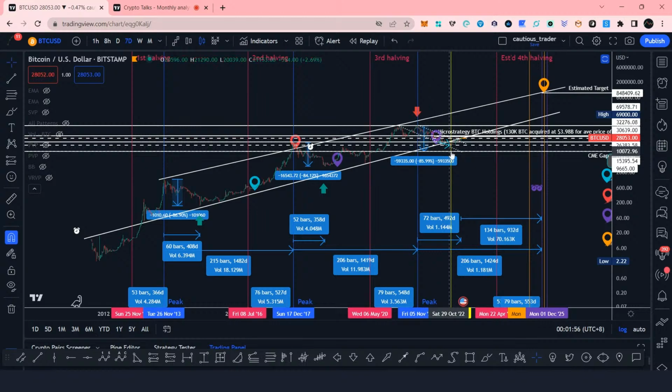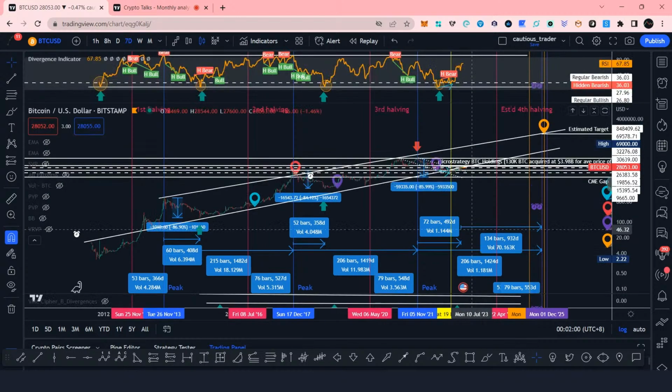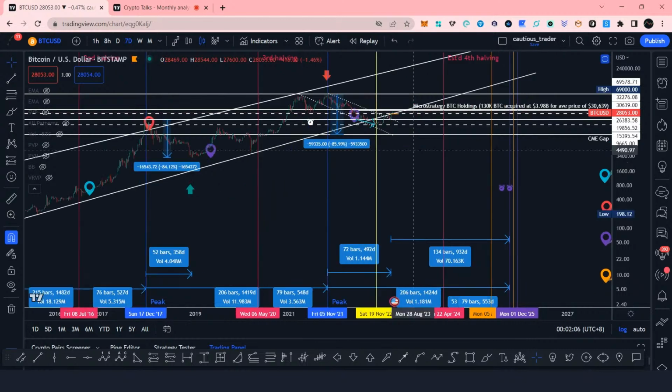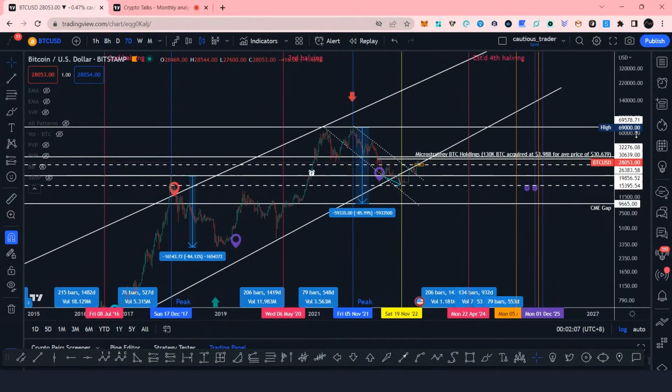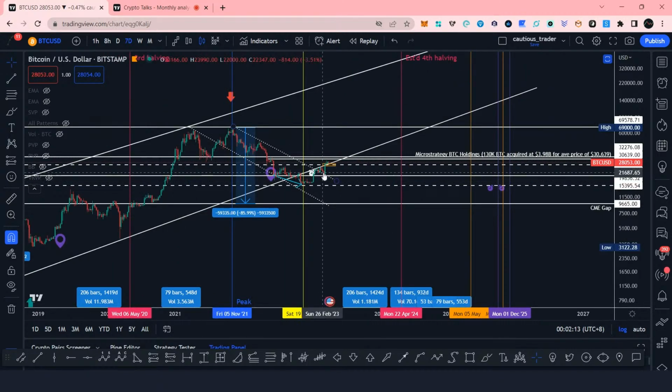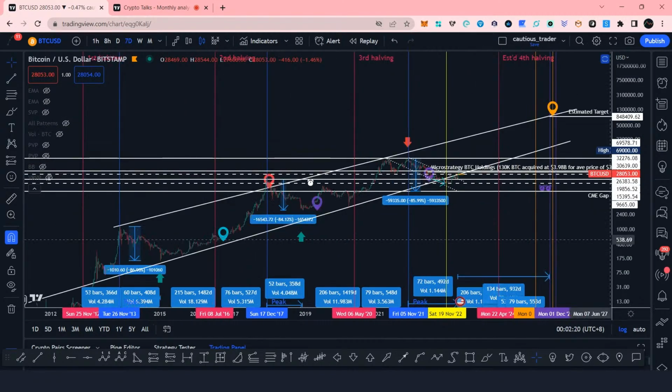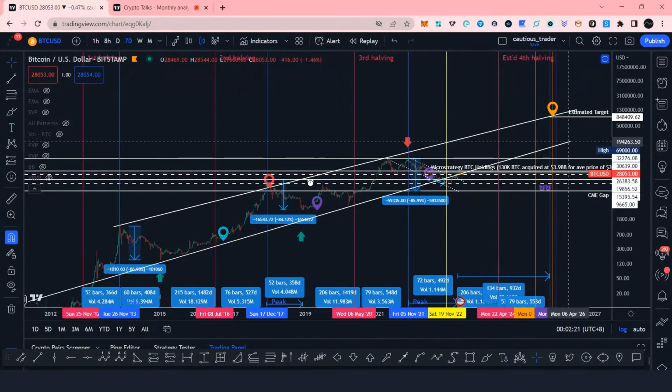First, a bullish divergence has formed. Second, it broke out from the resistance and now it becomes a support here. And the final confirmation is that it's back to its long-term trend line.